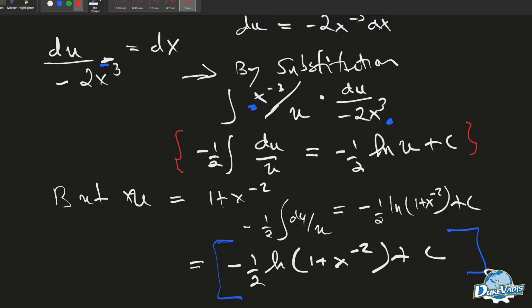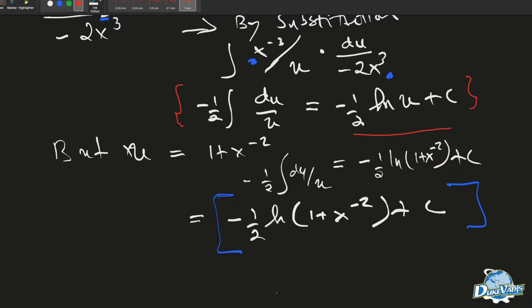And when we do that, our answer is natural log of u plus c. But we know 1 plus x to the power negative 2 is the substituent. So we'll put it back into the equation, and this is what we get for our answer. This is beautiful.